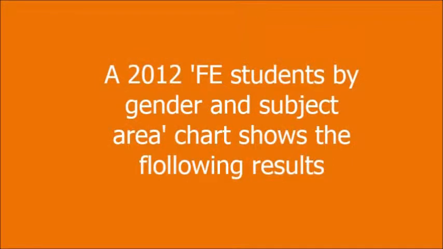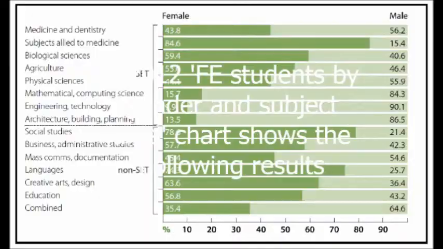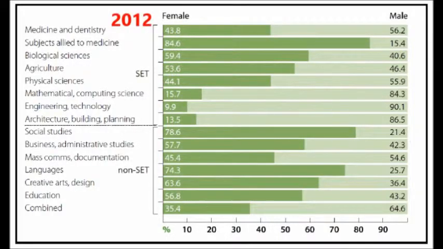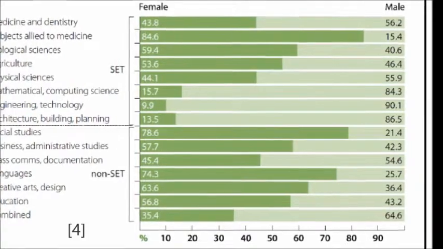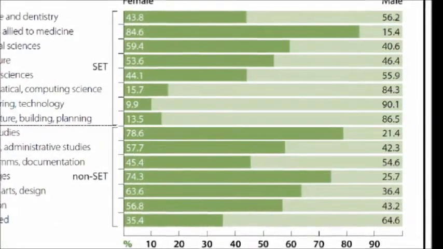A 2012 FE Students by Gender and Subject Area chart shows the following results. As this chart shows, in 2012, Creative Arts had 63.6 females and only 36.4 males, showing a clear imbalance in gender.